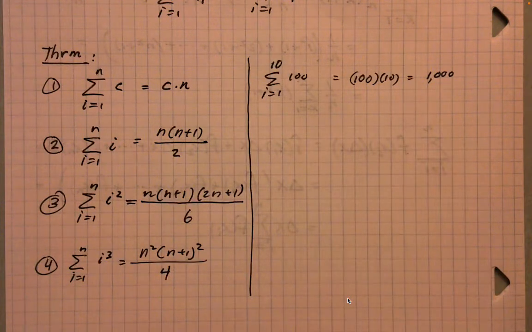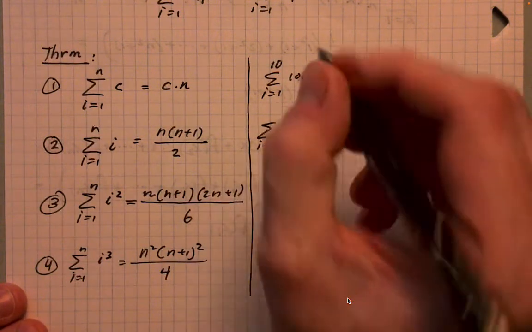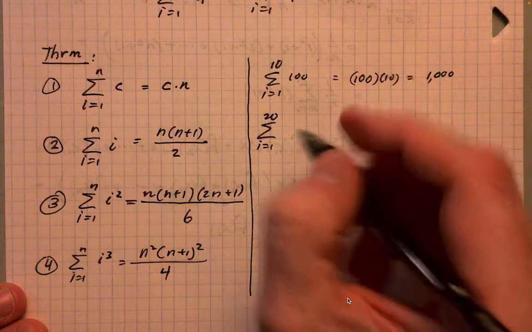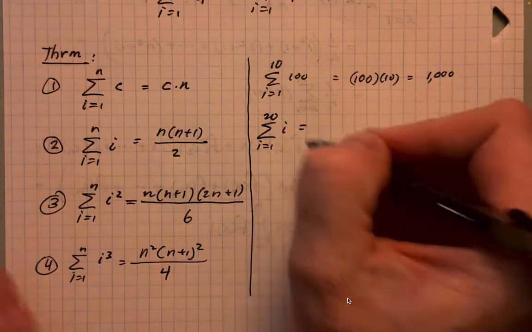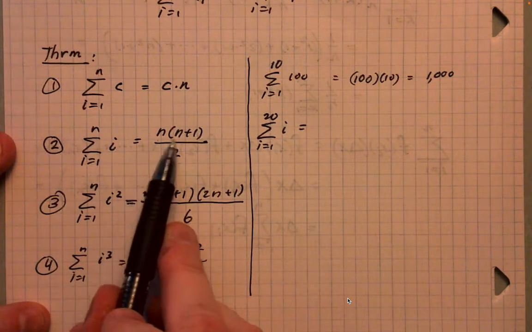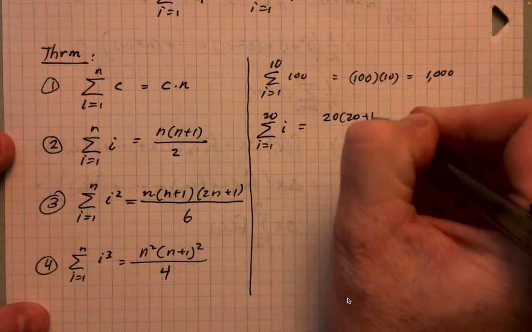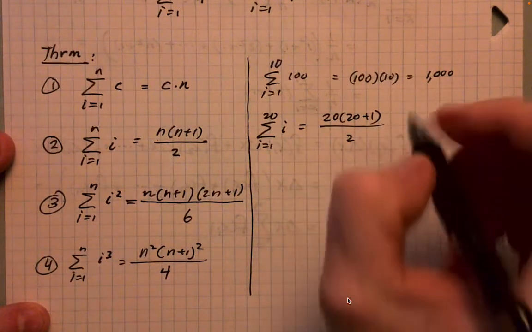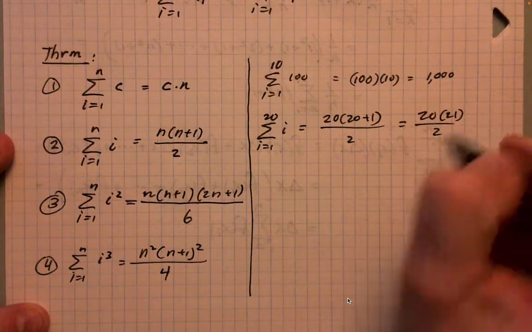So clear. What about, for an example here, let's go i equals 1 to 20 of i. What this would say is that it's equal to n times n plus 1, so n is 20 in our example, and all divided by 2. So this would be 20 times 21 over 2.